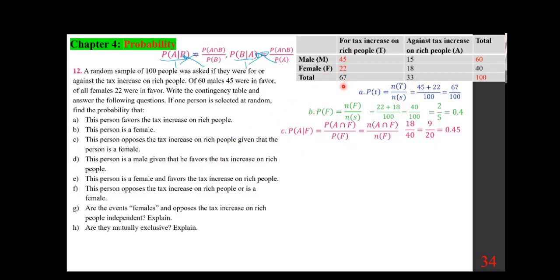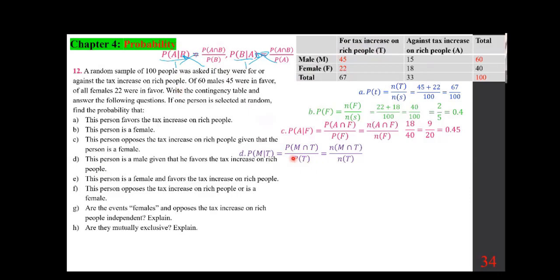And how many are males in this column? 45 out of 67. If you were just to do the numbers, but if you were to write it more properly, you would write probability of M given T. M stands for males and T stands for tax increase. It is the probability of M intersection T over P of T by these formulas.